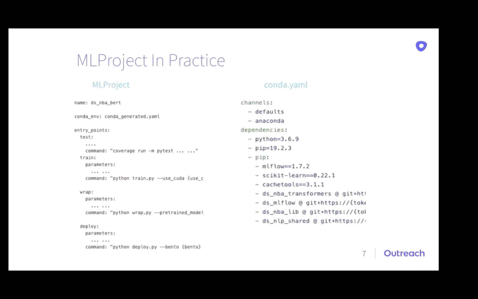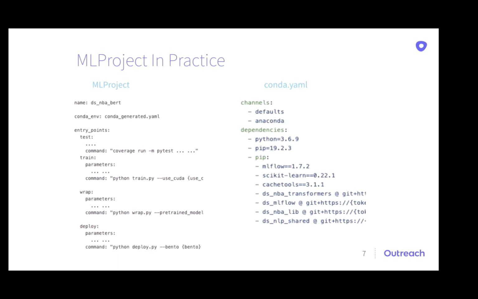So I want to talk about how we structure our ML project in practice. Here is a basic example of an ML project. First, the MLproject is the format introduced by MLflow to describe steps and link to the Conda environment. Each project contains an MLproject file, which identifies the dependencies, entry points, and parameters.